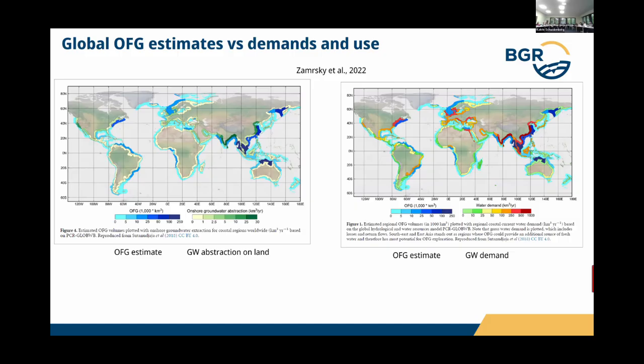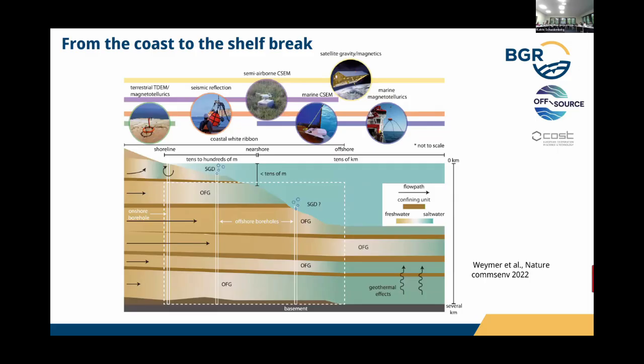So the difference between what's actually used and what the demand is. So that goes more into the motivation to look at offshore fresh and groundwater. And this is a figure from a nice paper of Brett Weimer from Nature, Communications Earth and Environment 2022.